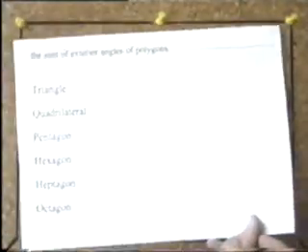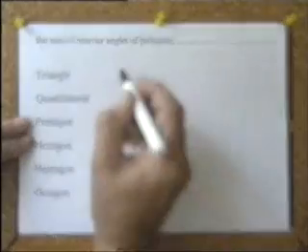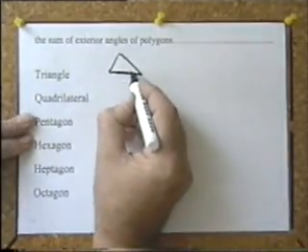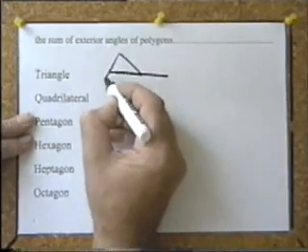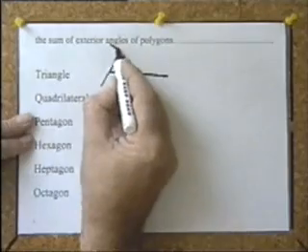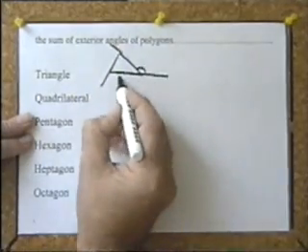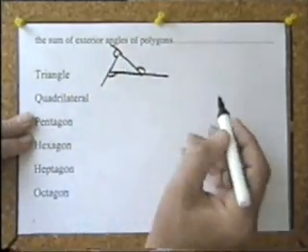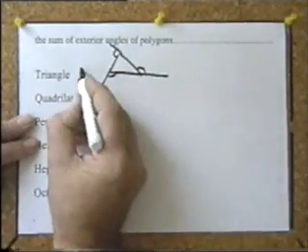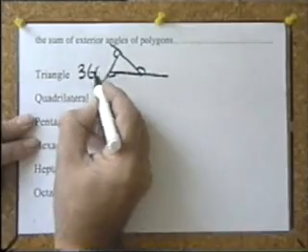Next, let's look at the exterior angles of a polygon. Now if you have a triangle and you extend the sides, this would be the exterior angles of your triangle. And the exterior angles of your triangle add up to 360 degrees.